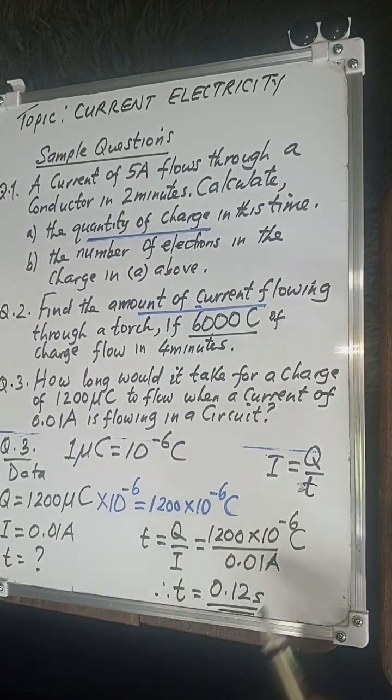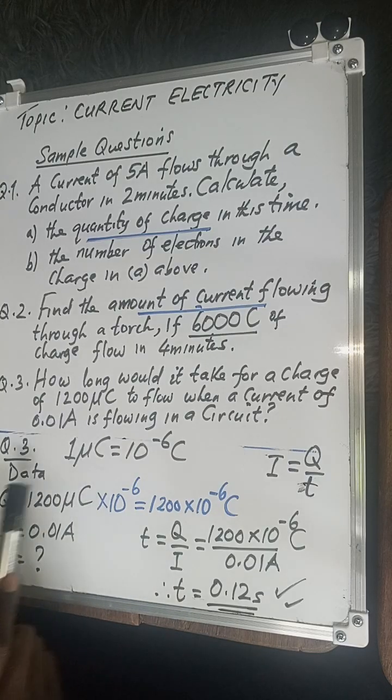So this is the final answer, how long it would take, in other words, for this charge to flow for this amount of current when it is passing through the circuit. All right, so this is how you can go about question number 3 in particular.